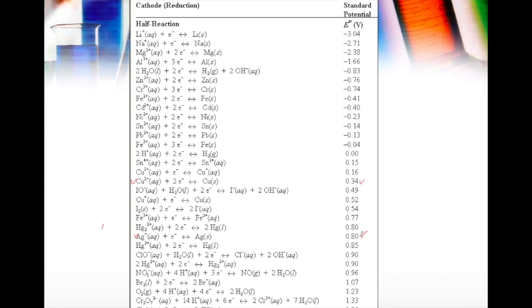Having a much more positive, or much larger, reduction value indicates that the silver ion is more likely to be reduced, which means copper is more likely to lose electrons to silver. This matches the electrochemical series or electropositivity series that you have studied in your high school. So the copper will lose electrons to silver.